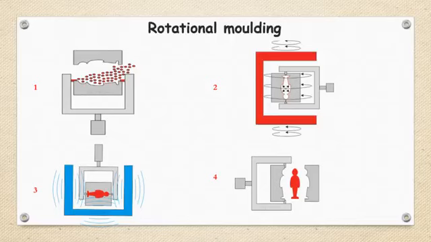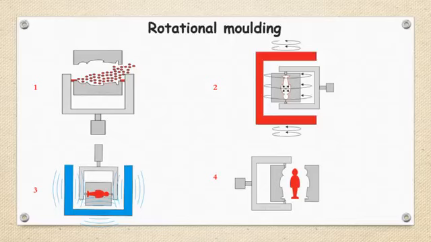In the third step, the mold cavity is passed into the cooling section, where it is cooled by cool air blown around the mold by large fans. The mold cools slowly and solidifies.